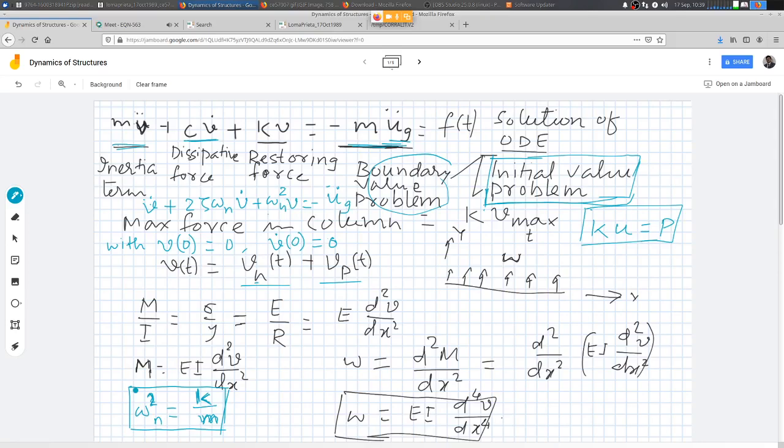And that's a very interesting thing, because the response to any external stimulus depends on your inherent character. That's what I call personality traits. So the natural frequency of a structure is its personality. How the structure will respond to a given excitation depends on its personality.